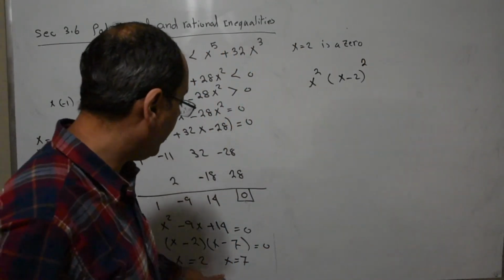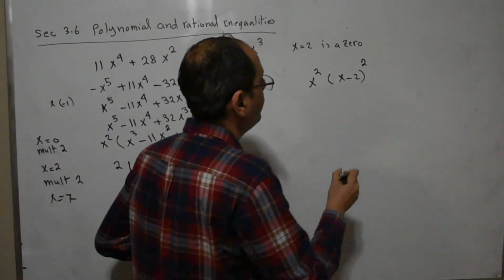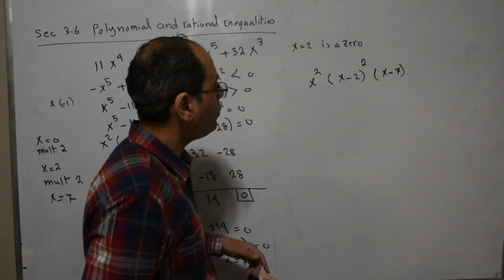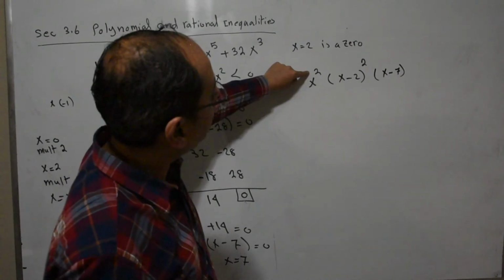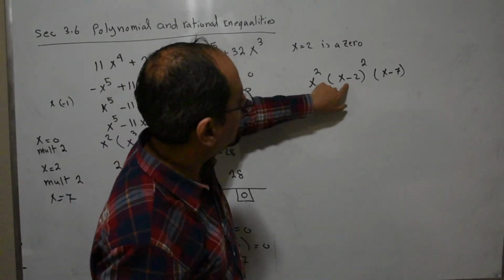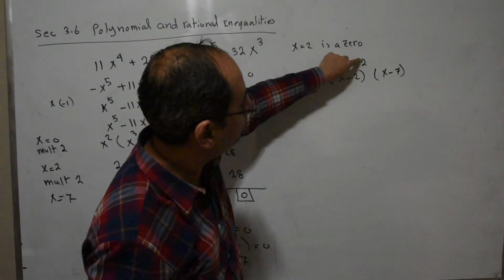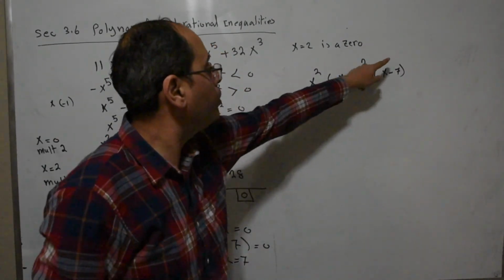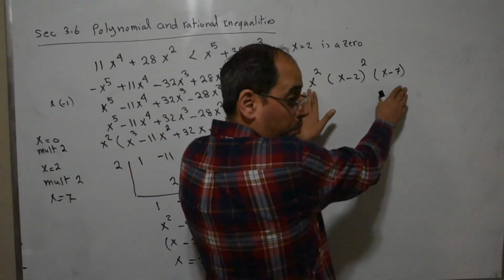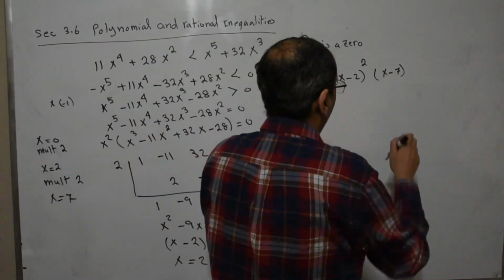And then I have x minus 7, with multiplicity just 1. So if I count, I have x with multiplicity 2, x minus 2 with multiplicity 2, and x minus 7 with 1. So 2 plus 2 plus 1 is 5. Okay, so this is my polynomial right now.